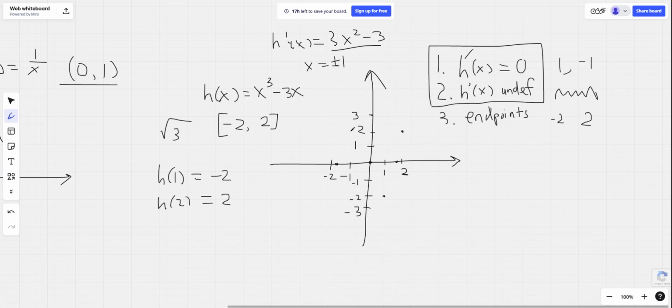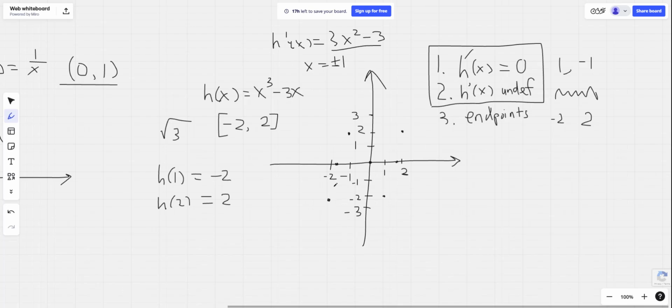And I'll graph the critical point at x equals negative 1 also. So if we compute, h of positive 2 is positive 2, h of 1 is negative 2, h of negative 1 is positive 2, and h of negative 2 is negative 2.